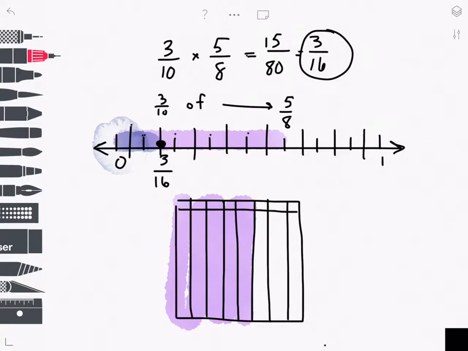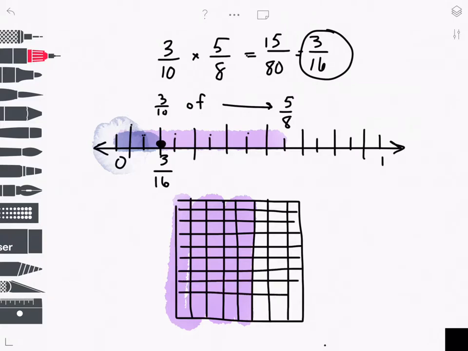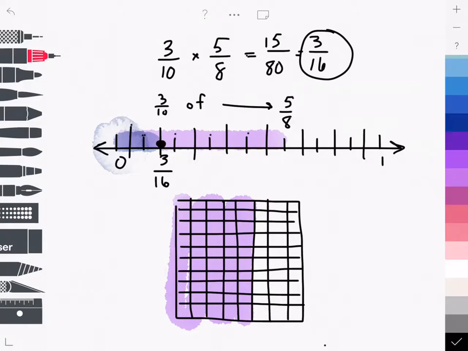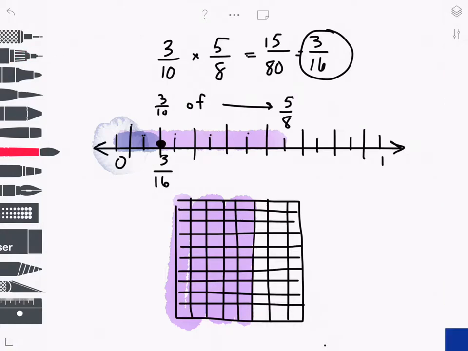So 1, 2, 3, 4, 5, 6, 7, 8, 9, and 10. I'm looking for 3/10, so I'm going to highlight 3 of those tenths. So that's 1 and 2 and 3.